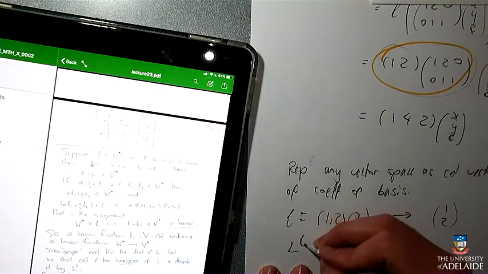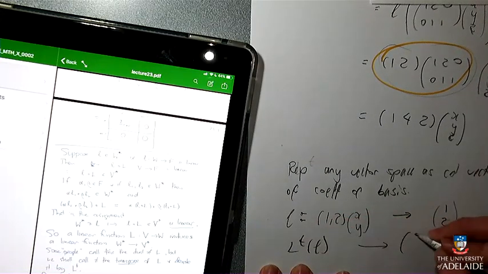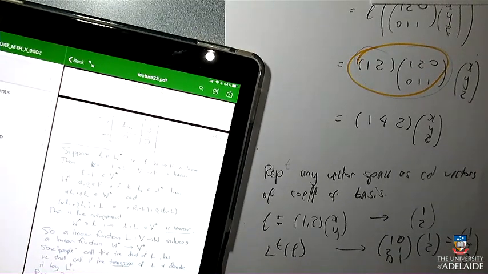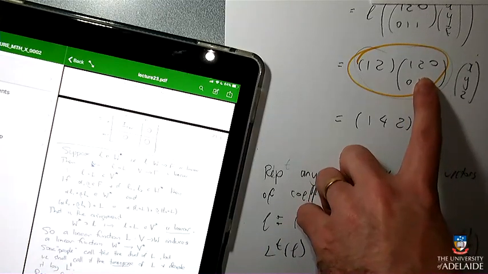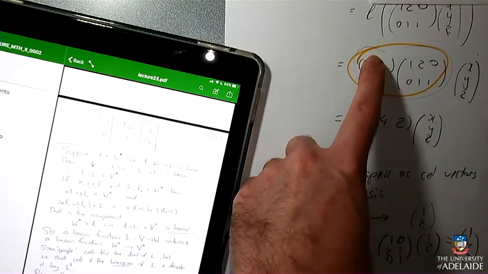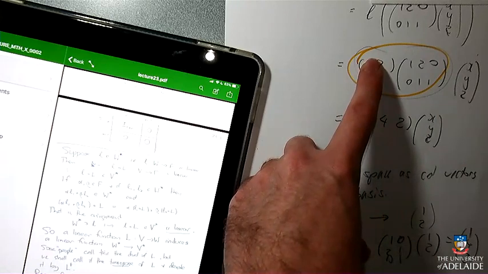And then L transpose of l would be the vector, yes. Right, so the reason it's transpose is because if you want to look at your elements of W star as a vector space in their own right and write them with coordinates, you would use column vectors. And so if you want to act upon those column vectors, you're going to need to use the transpose of this matrix. But if I want to keep thinking of them as row vectors, I just put them on the left-hand side of the matrix instead of the right, which is a transpose way of doing things.